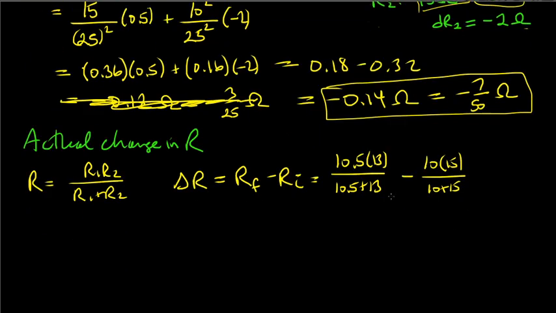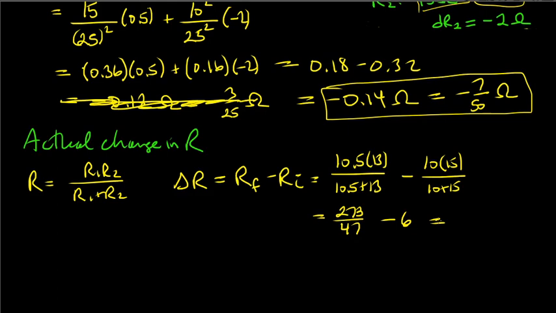And again, throw all this in your calculator. And let me see if I can do it right this time. So 10.5 times 13, divided by, it looks like 23.5. And I get some horrible fraction here: 273 divided by 47. And then this, I think, is just 150 divided by 25, which is 6.